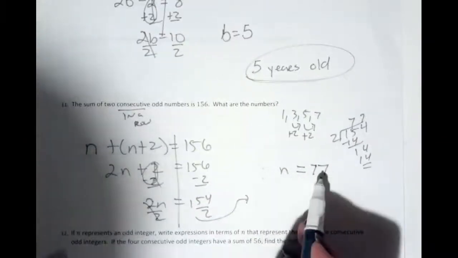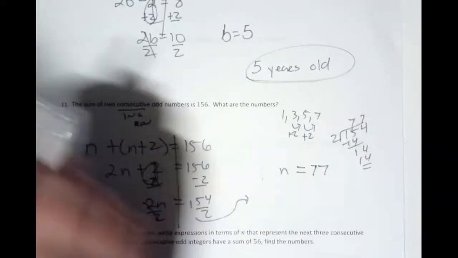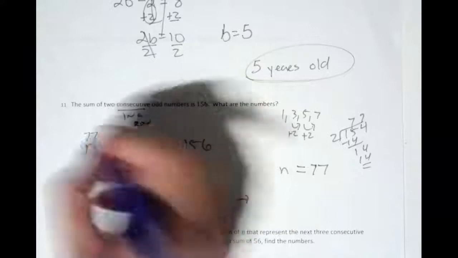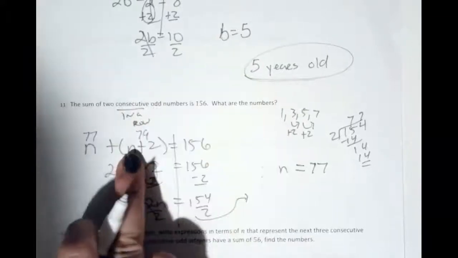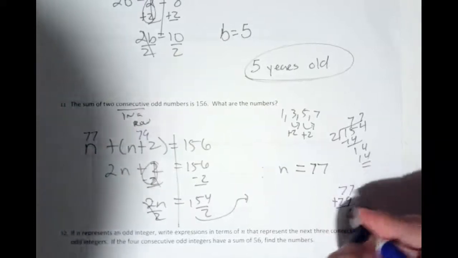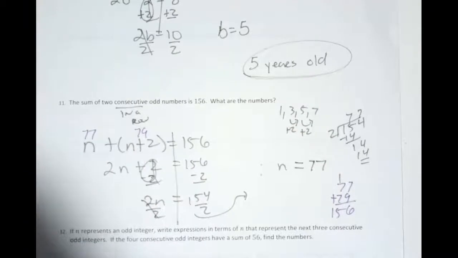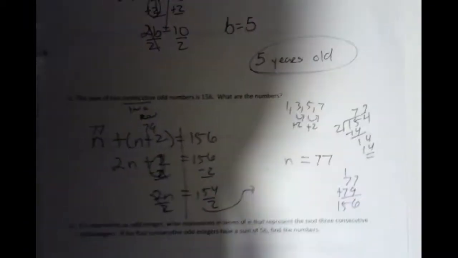So the number is 77. So 77 for the first number, and then 79 would be 77 plus 2. And let's add those just to make sure that this is correct. 156 is what we started with, so that looks great.